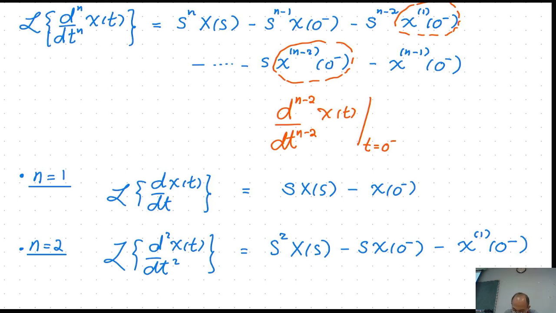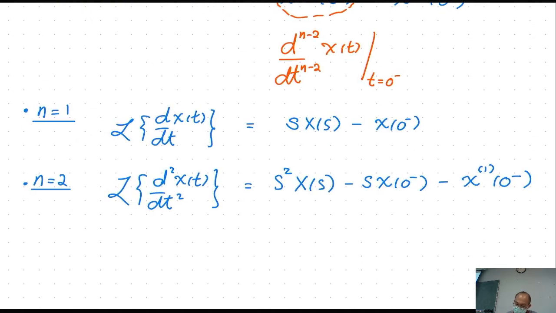This is the second order derivative and taking the Laplace transform. This last term means we take the first derivative of x and then plug in t equal to 0 negative to the result.